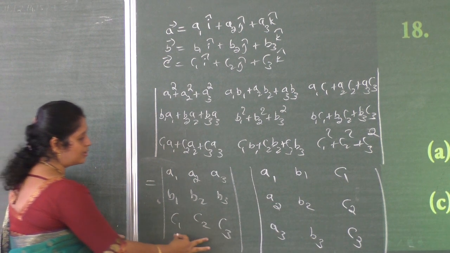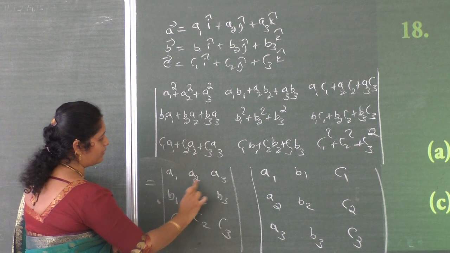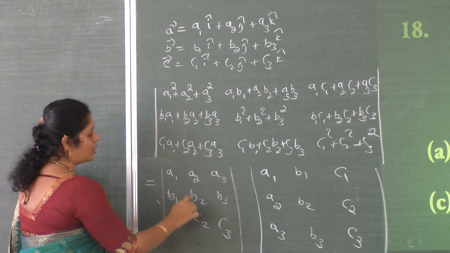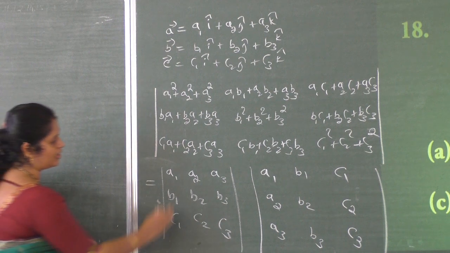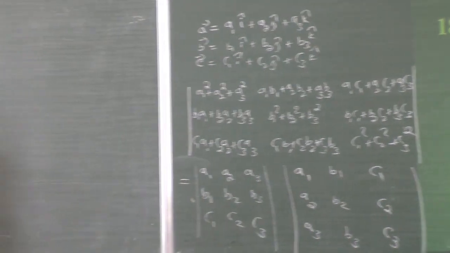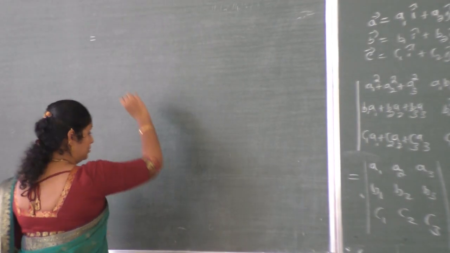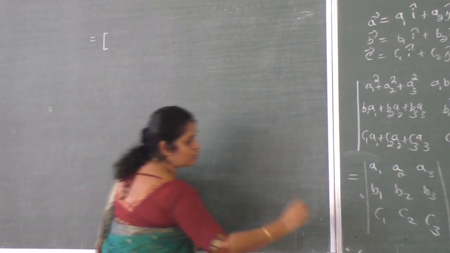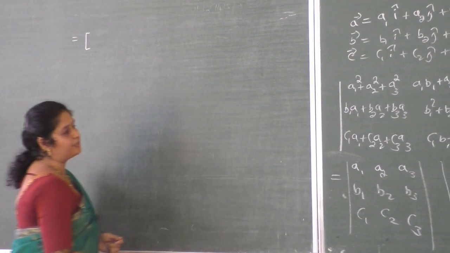What is this? This is a determinant whose first row is A1 A2 A3, the components of vector A, and the second row B1 B2 B3, third row C1 C2 C3.